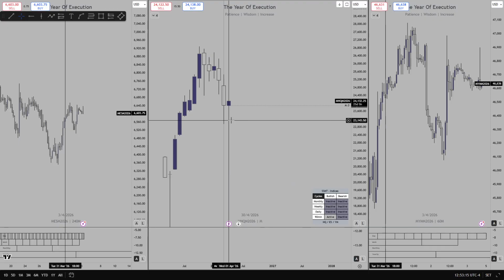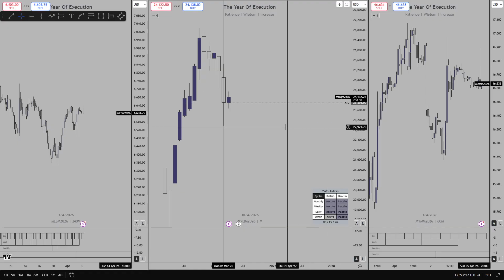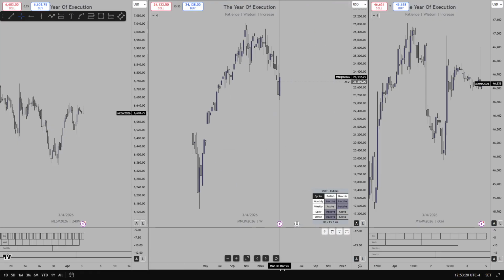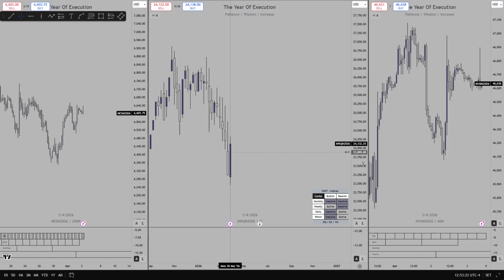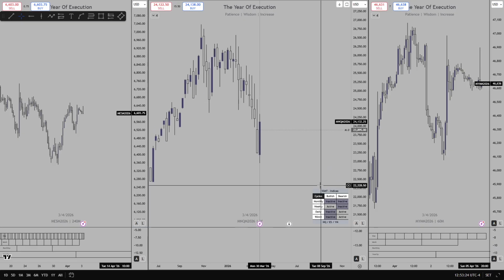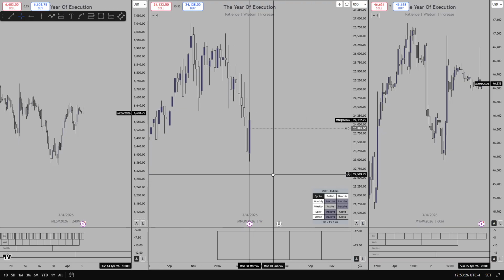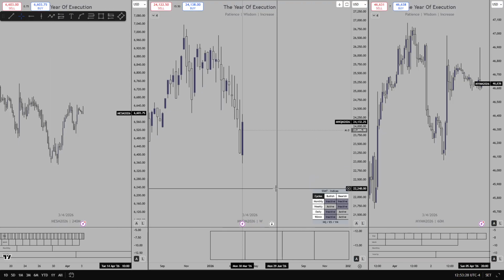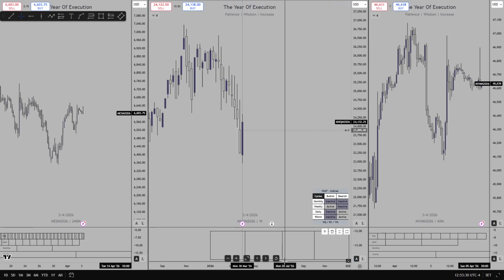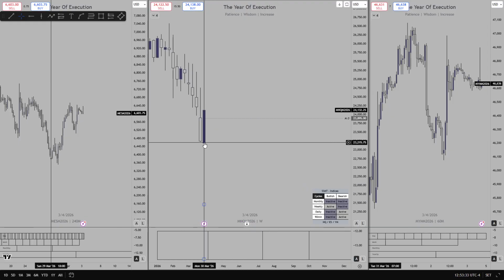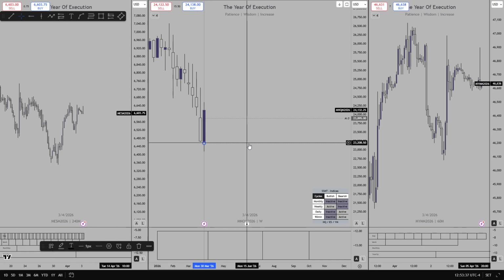So now that I have the monthly open marked, I'll go to the weekly time frame to see where we're at. So the weekly open is down here.